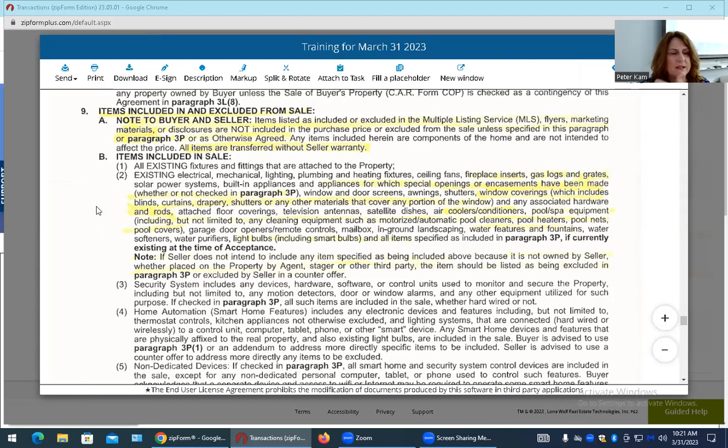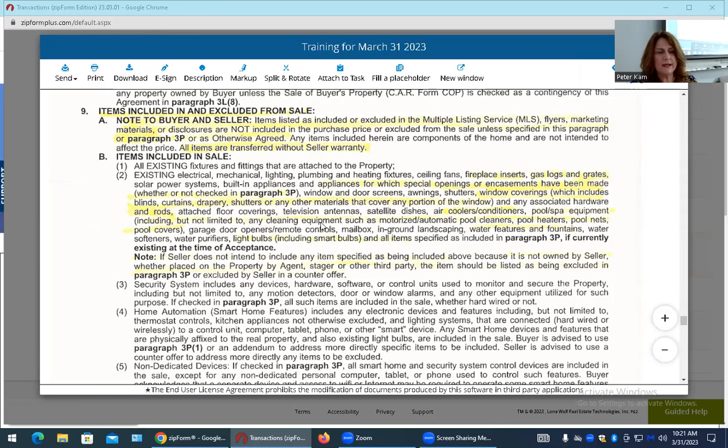So I always suggest when you are taking a listing or when you're doing your disclosures with your client, make sure that you're looking over with them the items that will be included in the sale, because it includes things like window coverings, blinds, curtains, draperies, any material that is covering the windows. It's even including light bulbs, including smart bulbs. And here's one that we may not all know. It includes pool nets, pool covers.